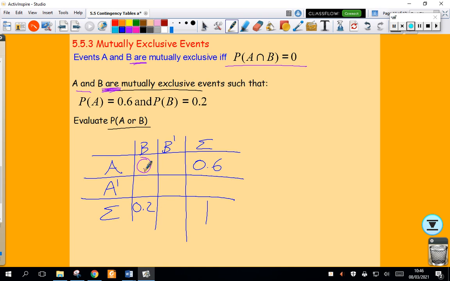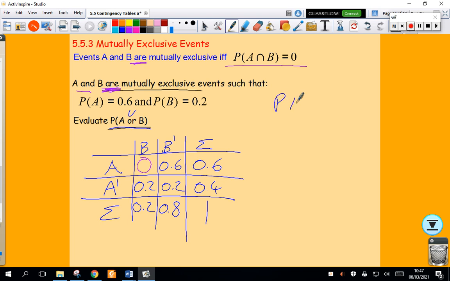That's a 0, so that has to be 0.6. This has to be 0.2. These two together have to add to 1. That must be 0.4. This has to be 0.8. Which means this one has to be 0.2. To find the probability of A union B, notice A union B and A or B mean the same thing.